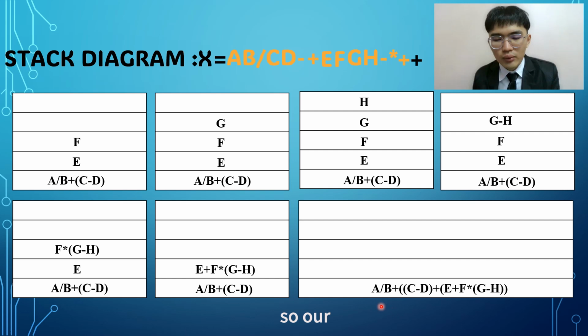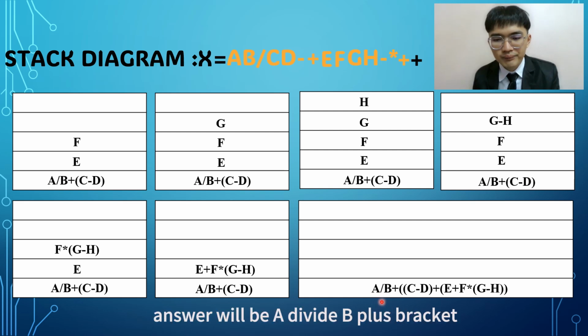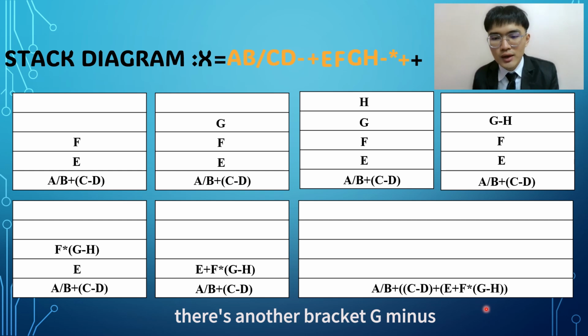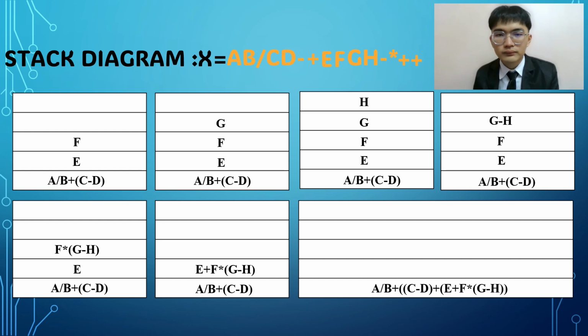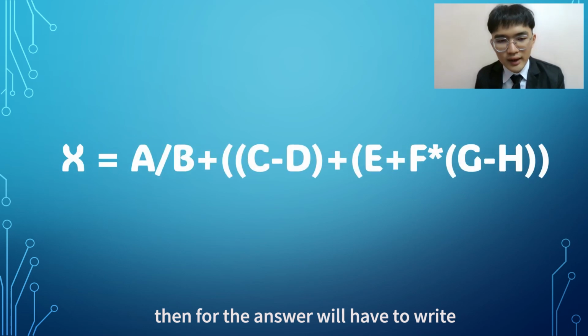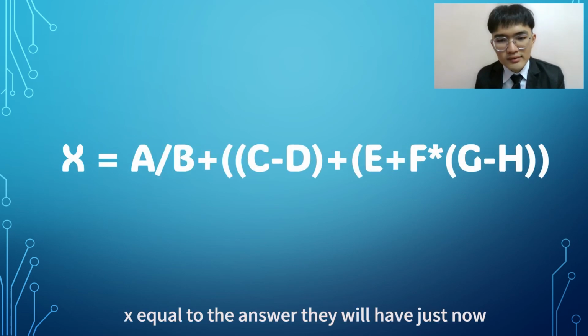So our answer will be A divide B plus bracket, another bracket inside, C minus D, plus E plus F multiply, another bracket, G minus H. Then for the answer, we write x equals the answer that we have just got.